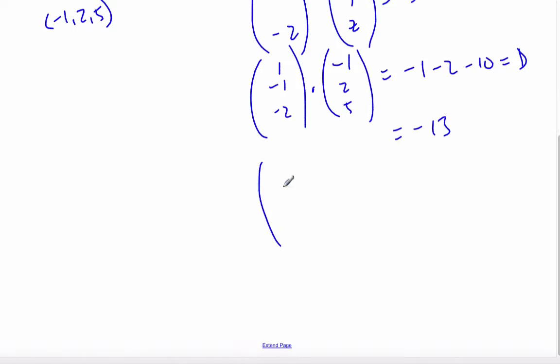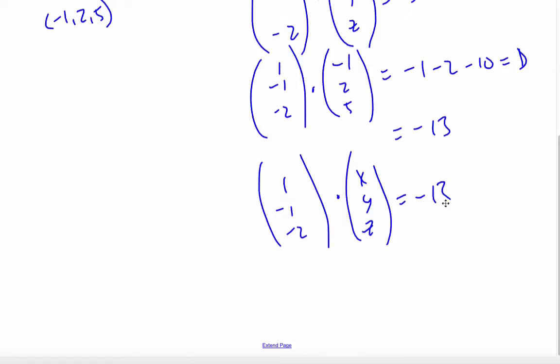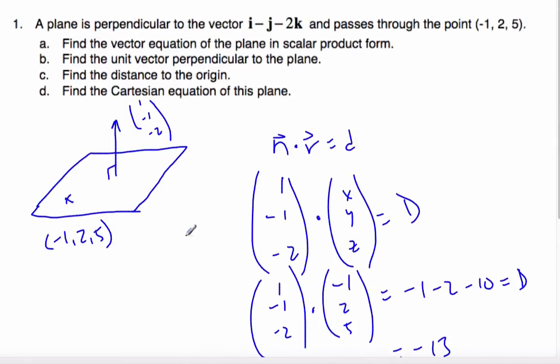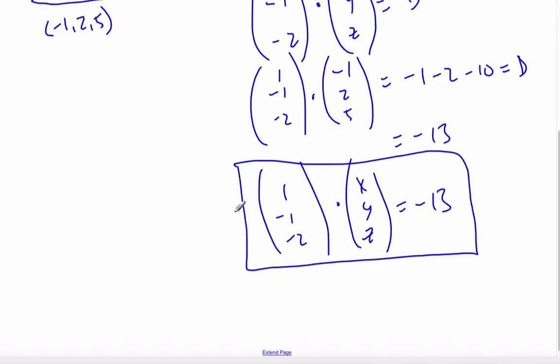And so (1, -1, -2) dot (x, y, z) equals -13. This is scalar product form.